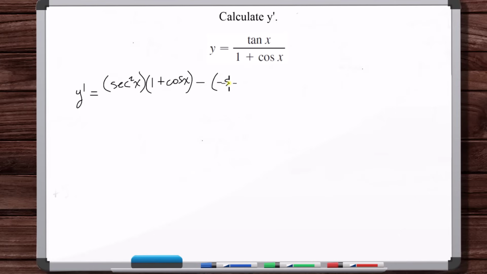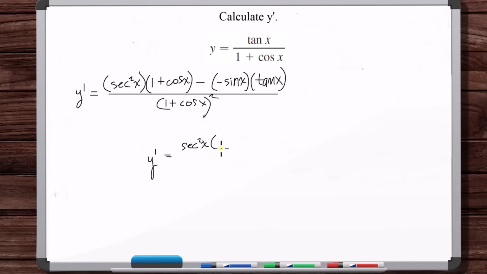That's minus sine of x, times the top, all over 1 plus cosine of x squared, the bottom squared. So again, that's the derivative, but you want to clean it up. So we've got, and that's the derivative.